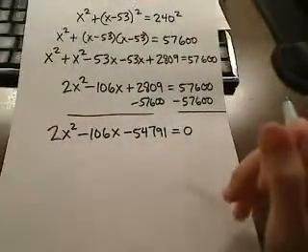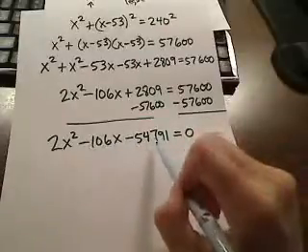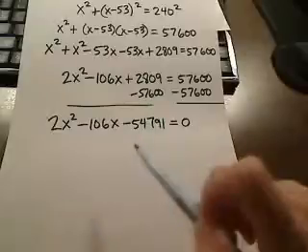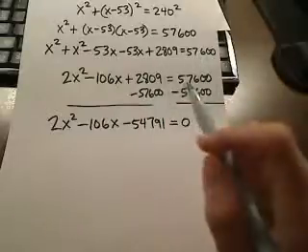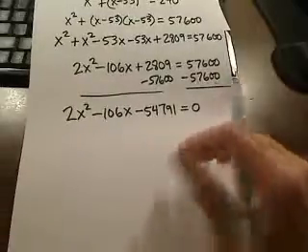Okay, well, this probably doesn't factor, and even if it did, I wouldn't have any clue what numbers to choose here. This is just such a large number, so I think the quadratic formula is going to be the most effective way to solve this from here.